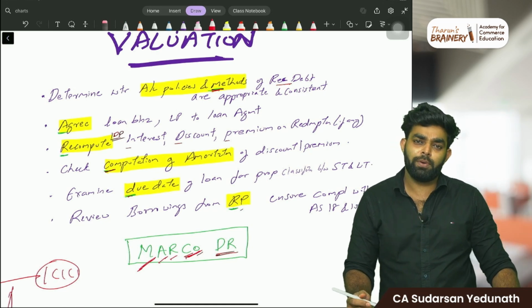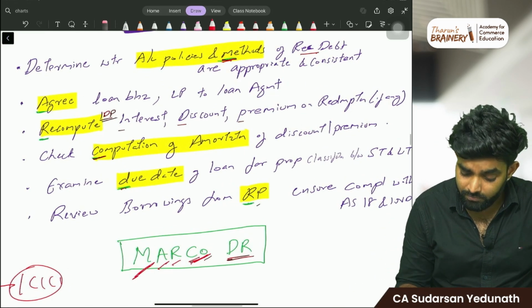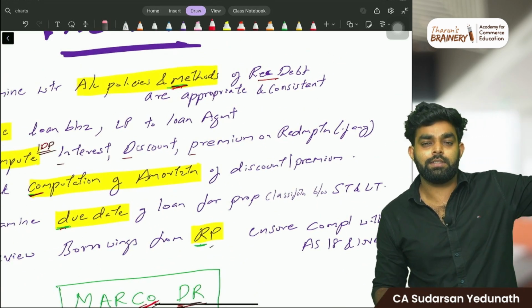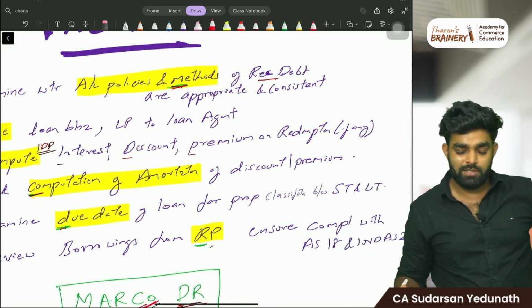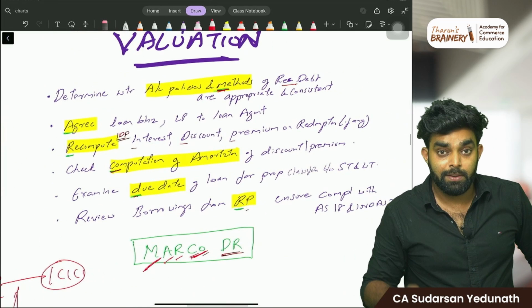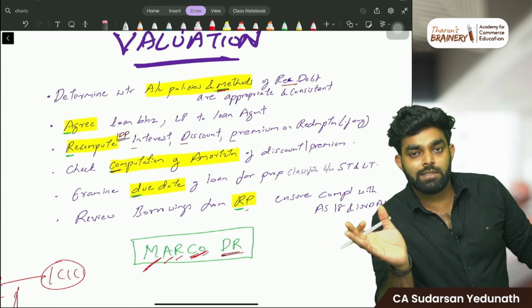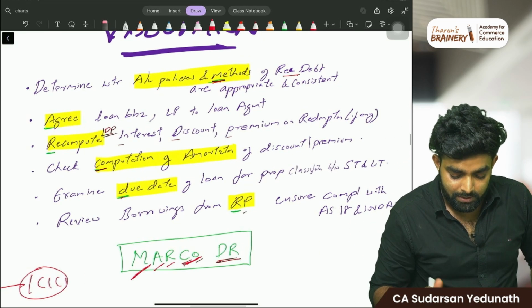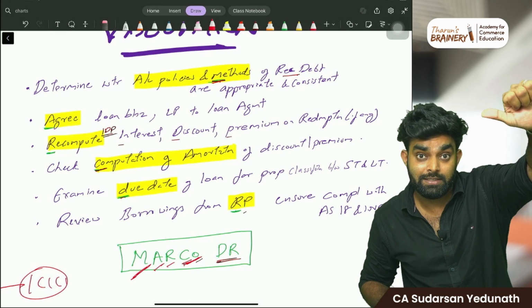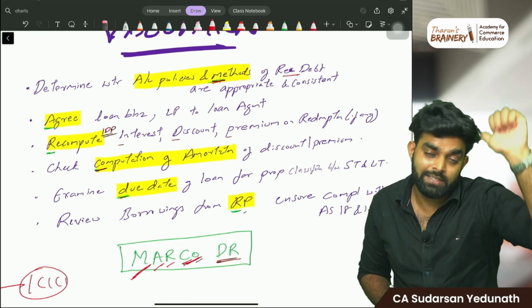See whether that is appropriate, that is correct. And consistent: whatever is done in the last year is done in this year also. Consistently applied accounting policy and methods. For example, with depreciation, if you take the straight line method last year and WDV this year, it's not consistently applied. So M means methods, accounting policies and methods, consistently applied or not.